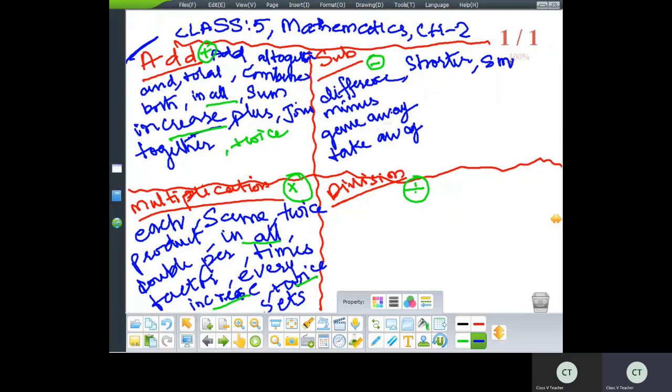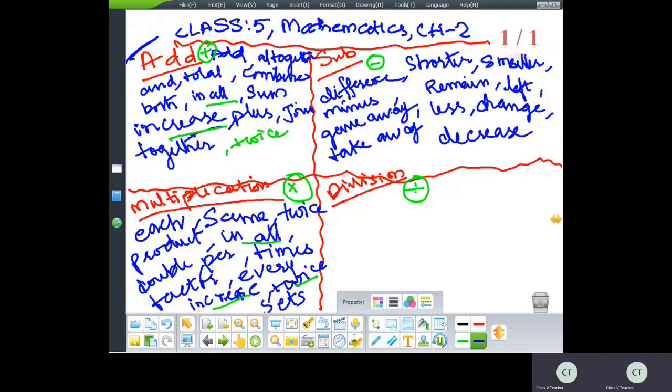Smaller. Remain. Remainder. Left out. Less. Change. Decrease. So these are some of the keywords. It is not compulsory that if these keywords are not there, you should not do division.